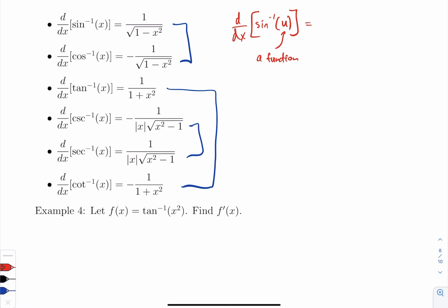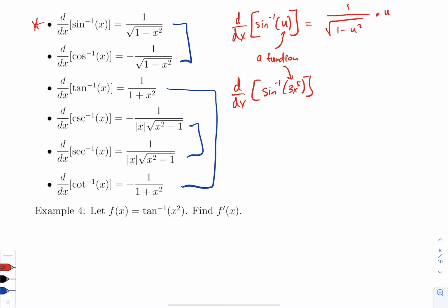So when I evaluate this, let's say I have d dx of sine inverse of 3x to the 5th. If I'm using this derivative formula, I'm going to say 1 over the square root of 1 minus u squared times the derivative of u.